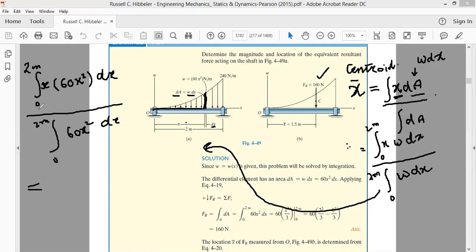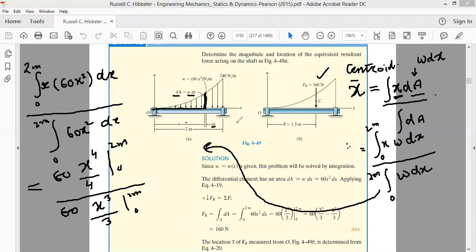Perform the integration: 60 will come out. So x square into x is x cube. Integral of x cube is x raised to power 4 divided by 4, with limits from x equal to 0 to x equal to 2 meter, divided by 60 coming out, integral of x square is x cube by 3, limits from 0 to 2 meter.